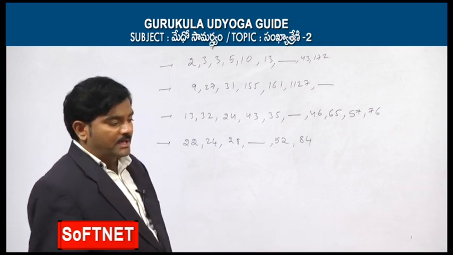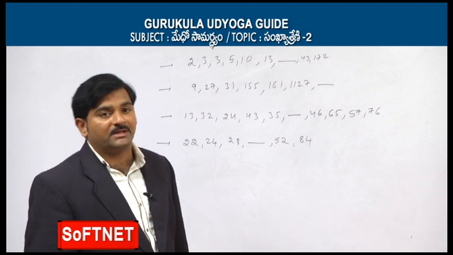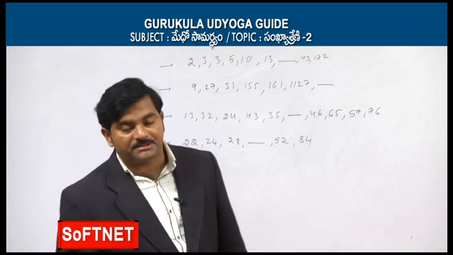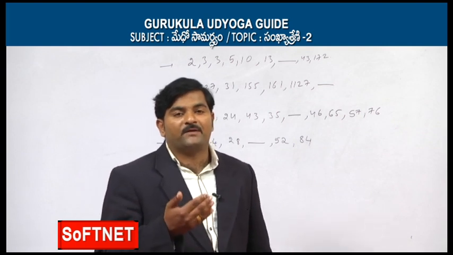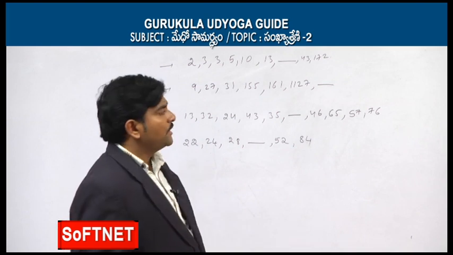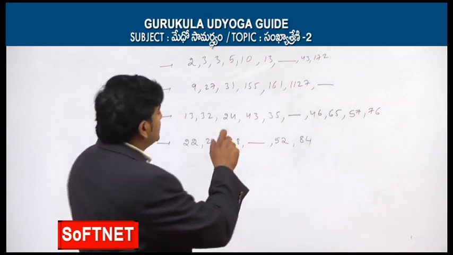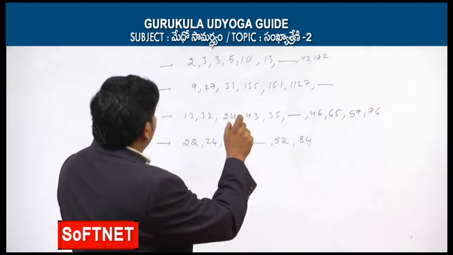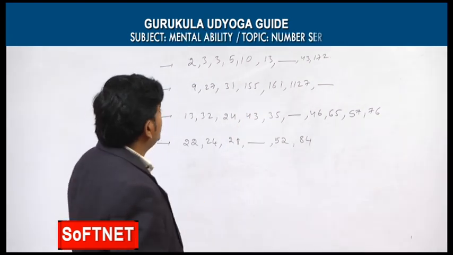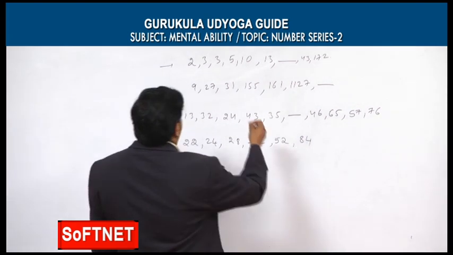If you remember, I told you one point in session 1: if you have many numbers, then there is a concept of alternate series. You may think in that way also, because you are given many numbers, so you may think from an alternate series point of view also.